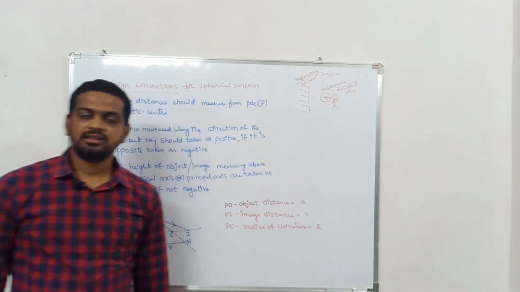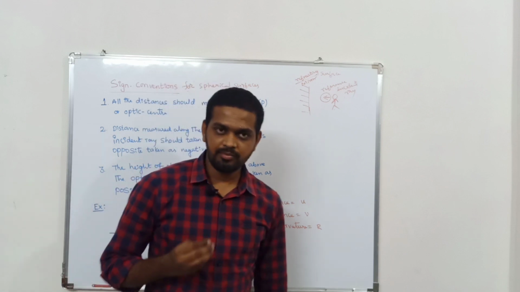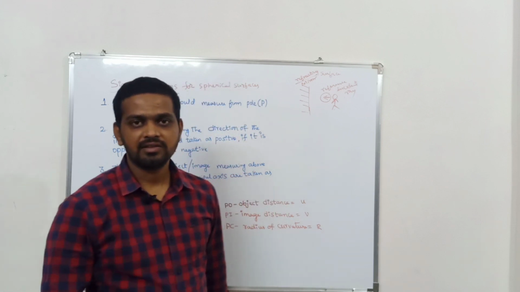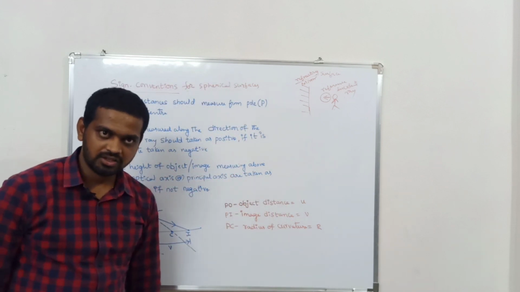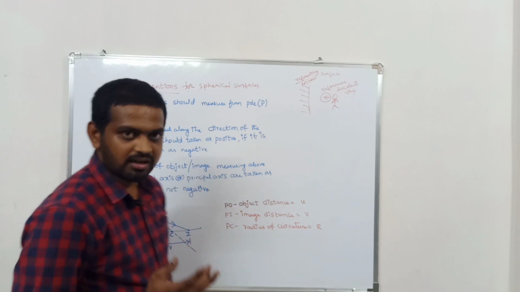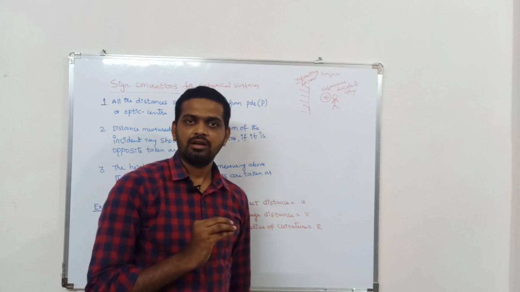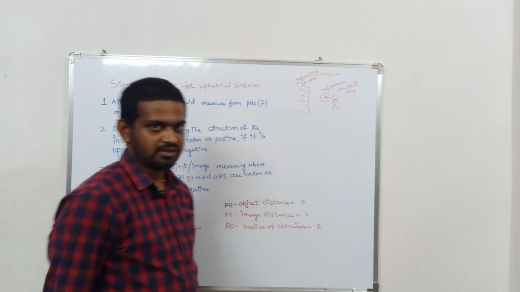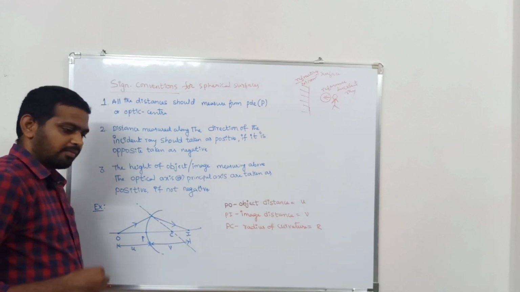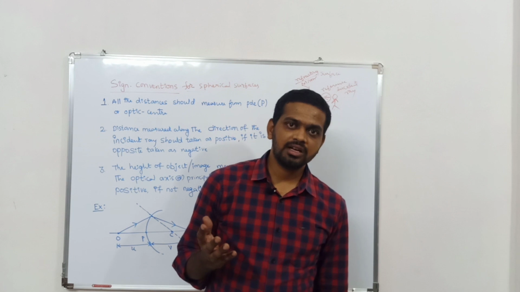The reference incident ray always travels from the object towards the refracting or reflecting surface. So if the measuring distance is opposite to the incident ray, you should consider it as negative.